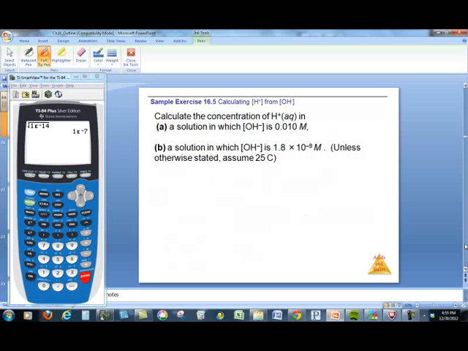Okay, so we want to calculate the concentration of H plus for a solution in which hydroxide is 0.1 molar. What we know is Kw equals H plus times the OH concentrations, right?